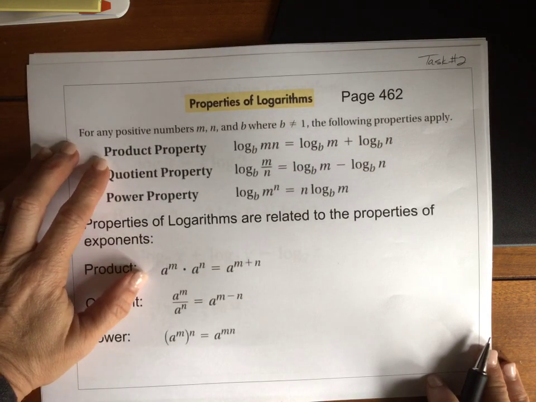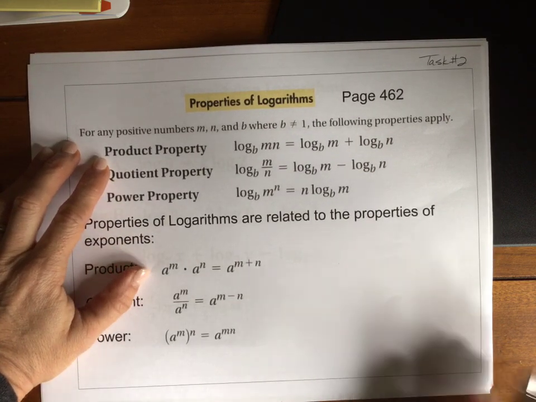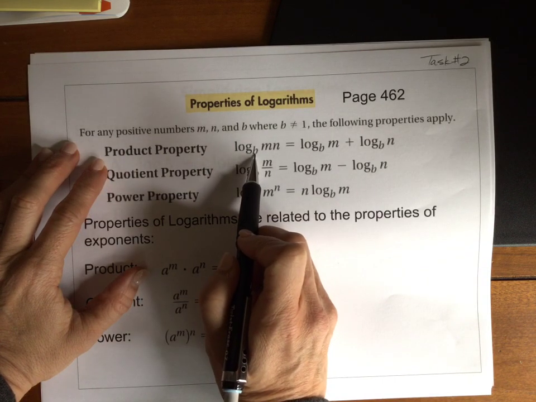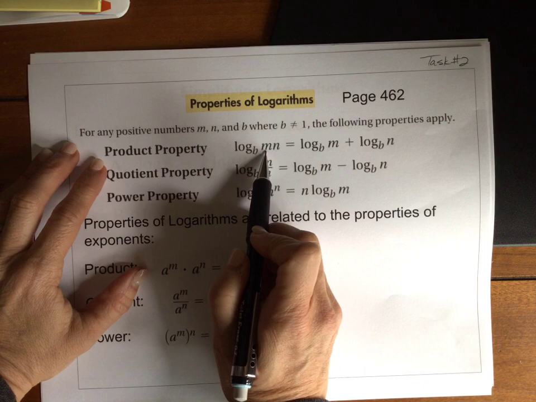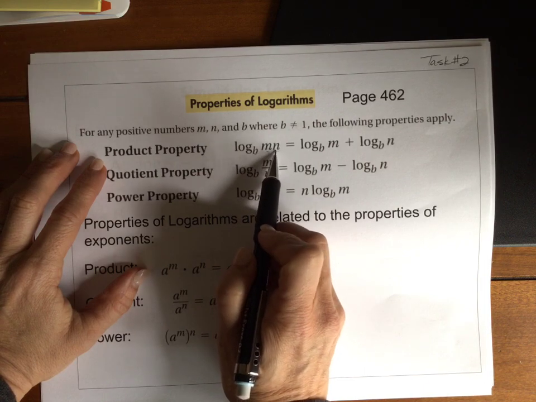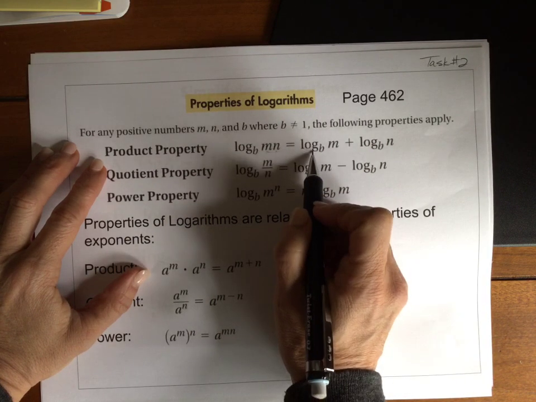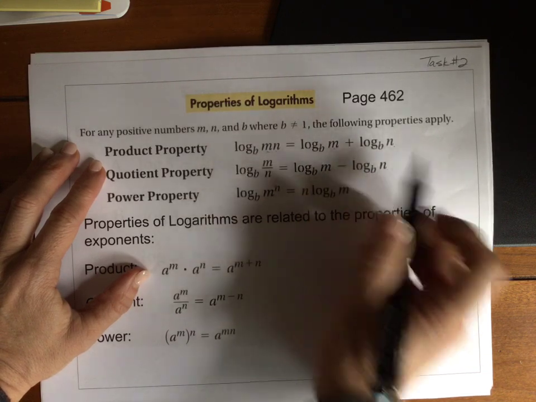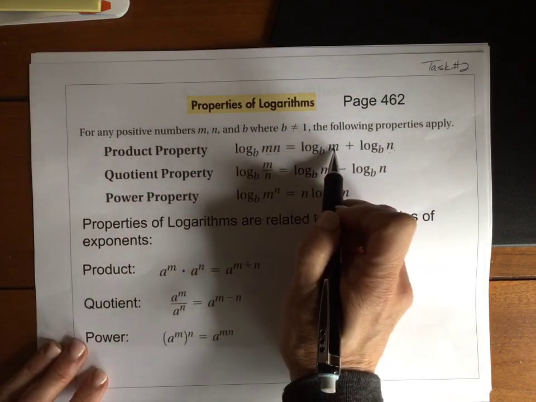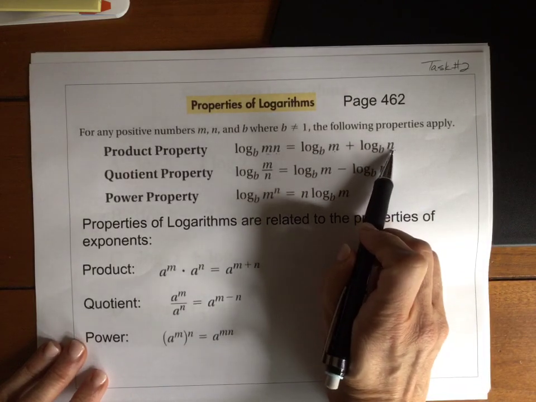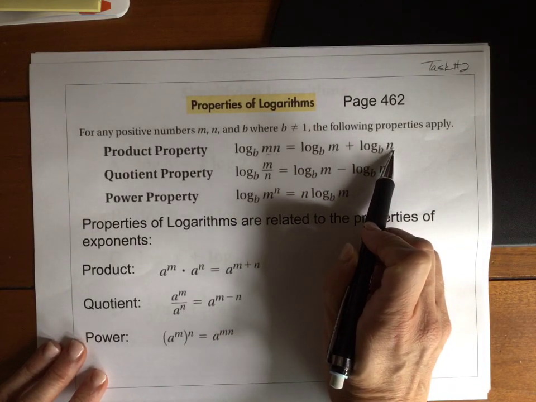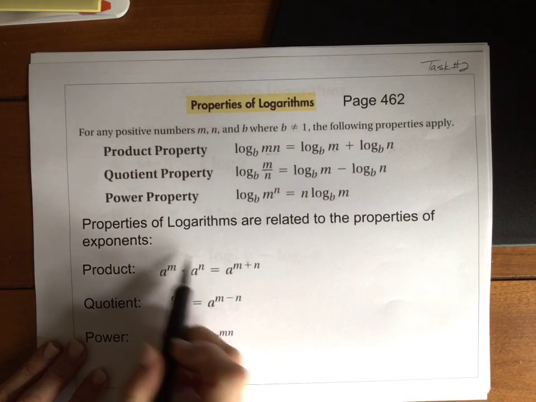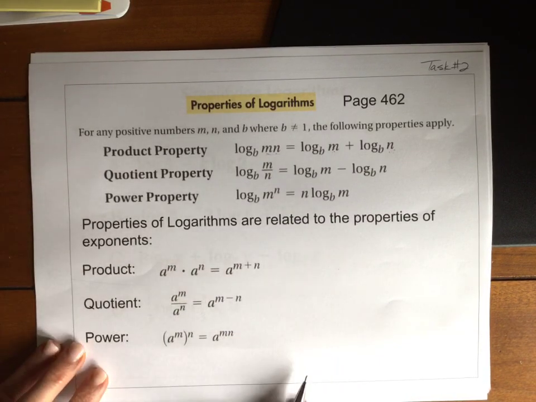So if I had the product property, where I have the log of some base, where two numbers, different variables, are being multiplied by each other, in expanded form it would be me adding those separately. So log of the same base plus log of the same base of whatever this is over here. So you can see that looks really similar to the product property.